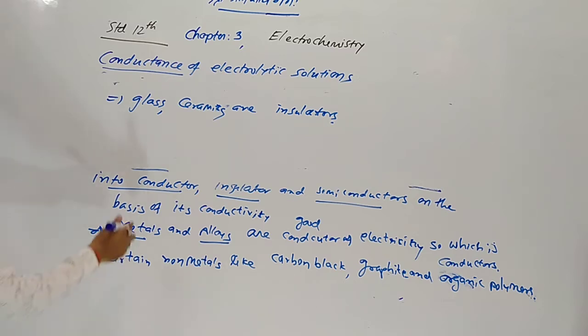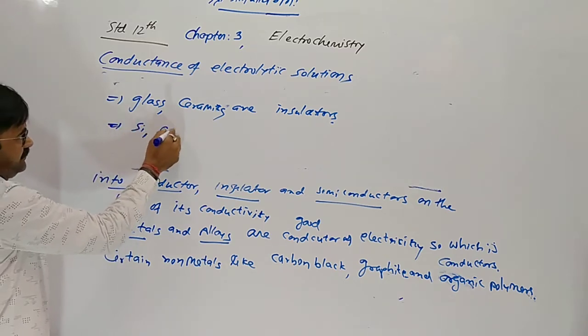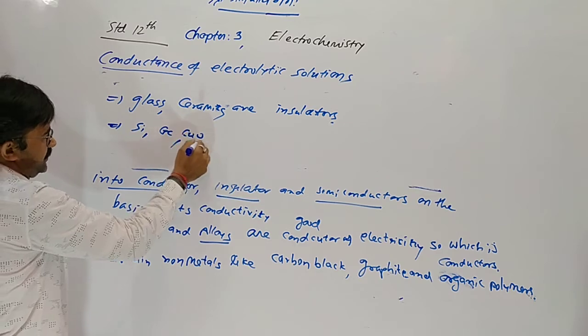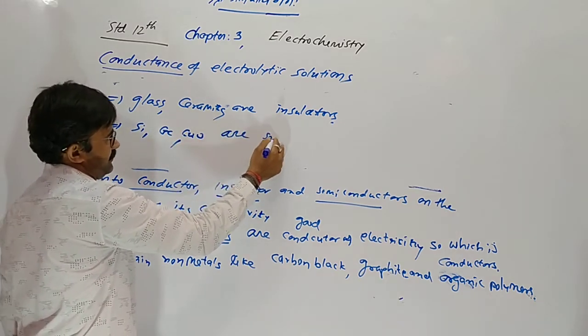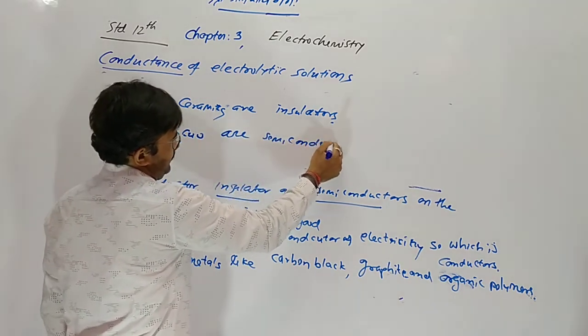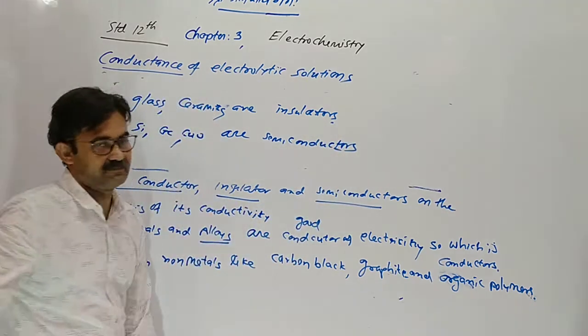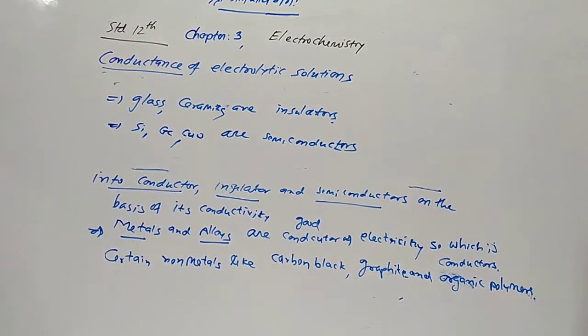Substances like silicon, germanium, cupric oxide are semiconductors, having conductivity between conductors and insulators. These are important electronic materials.